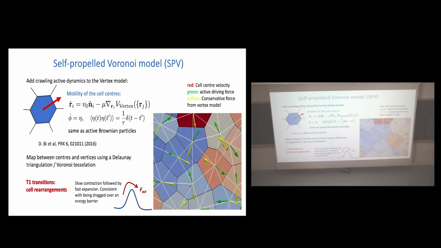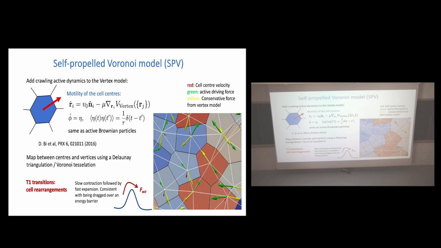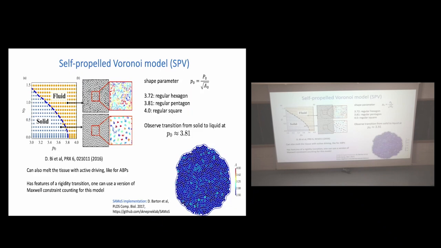So this model was introduced by Max Bi, Lisa Manning, and co-workers. And it is very interesting because this model, in fact, has a rigidity transition. So this model has a transition which looks a bit like a glass transition picture. And in one direction is v0, the active driving, as expected. But on the x-axis is something different.